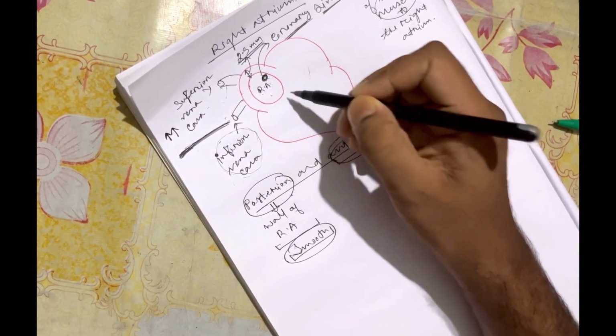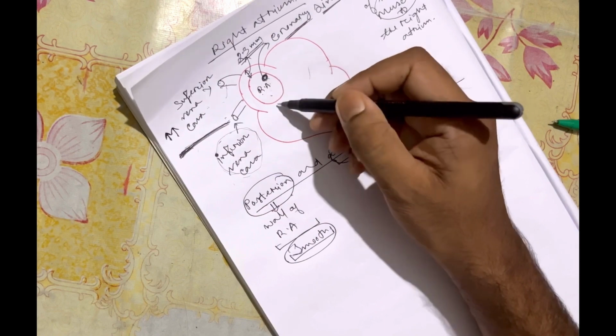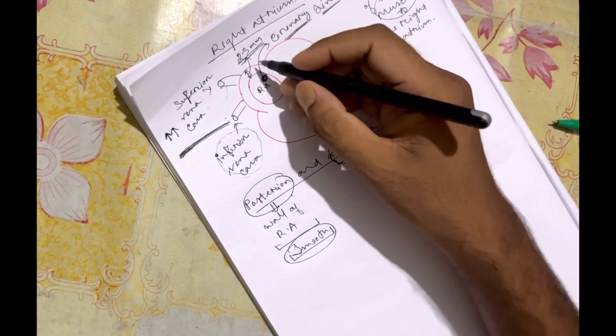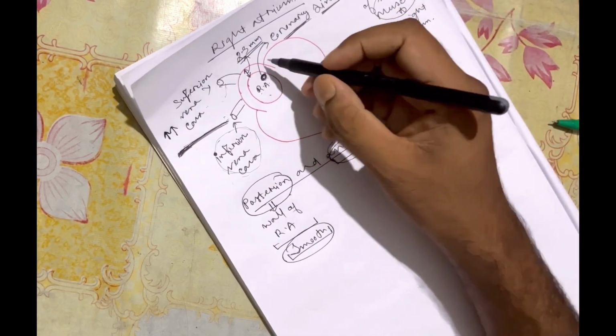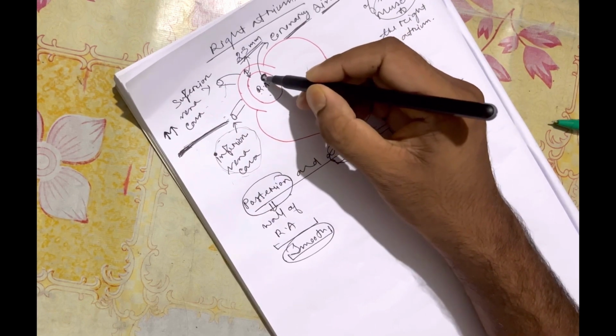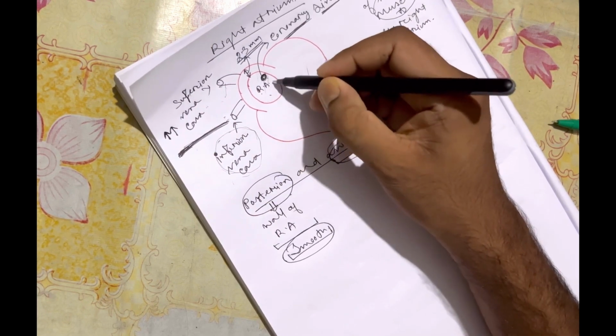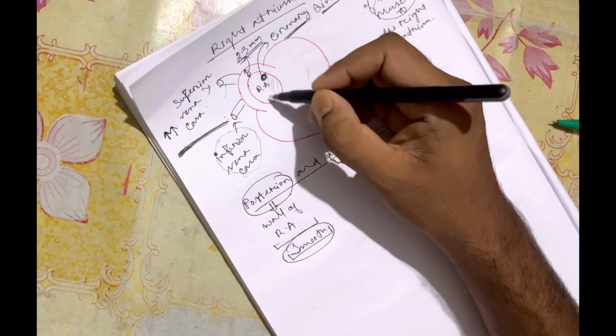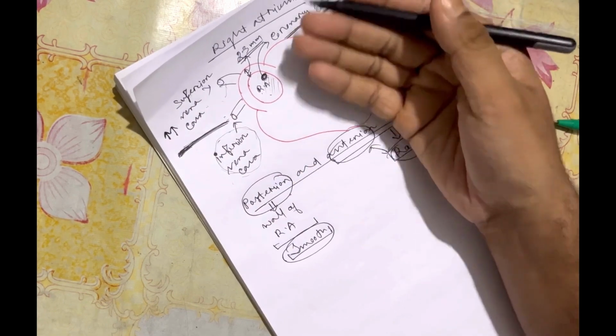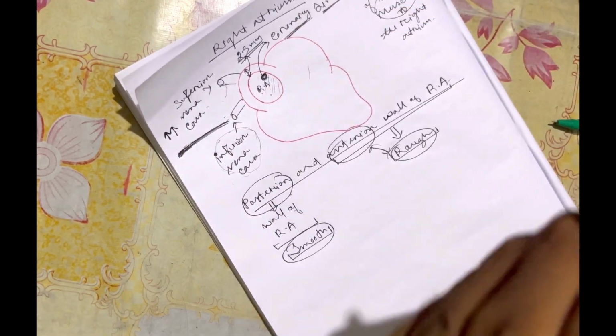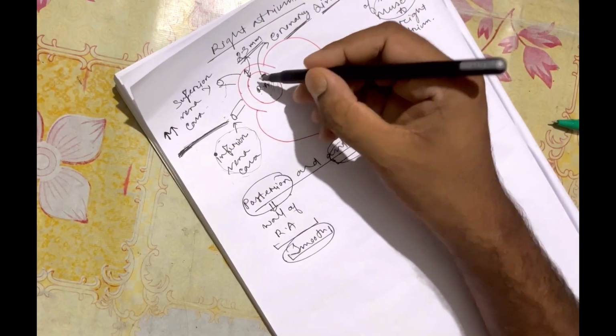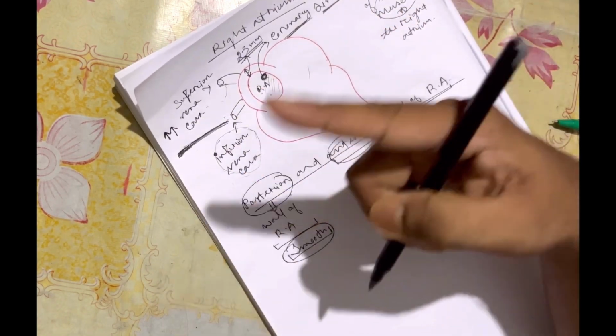The pectinate muscle is present at the anterior surface. It's a 2D diagram, so I cannot really draw it, but I am talking about the internal structure.